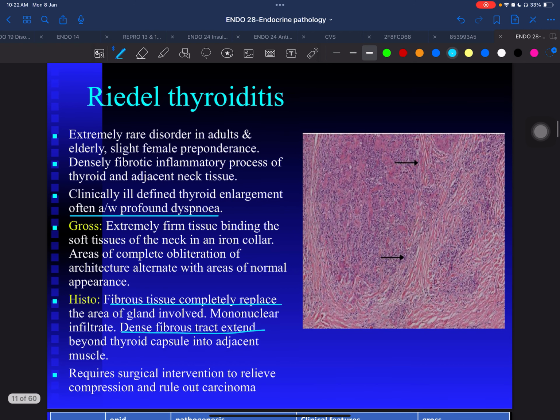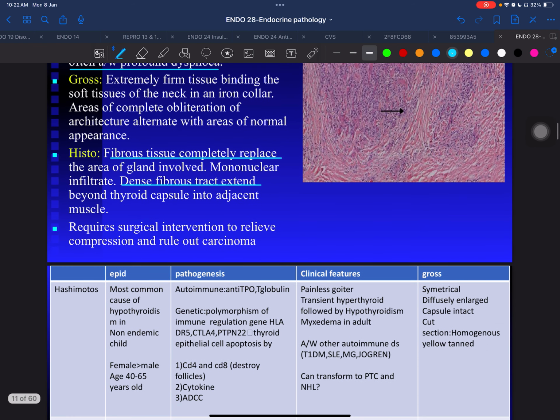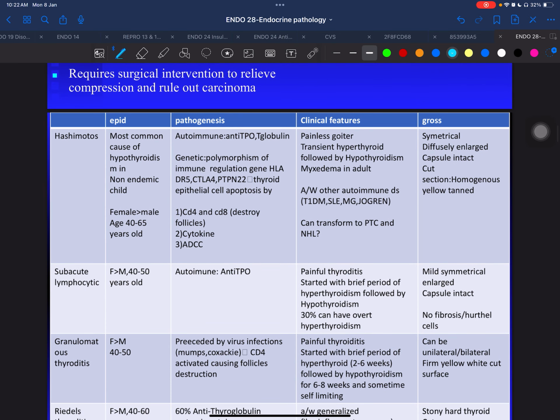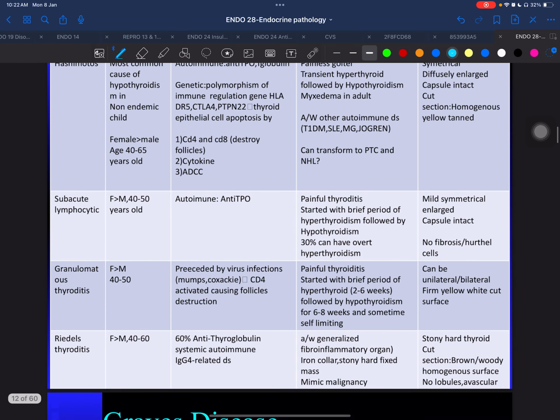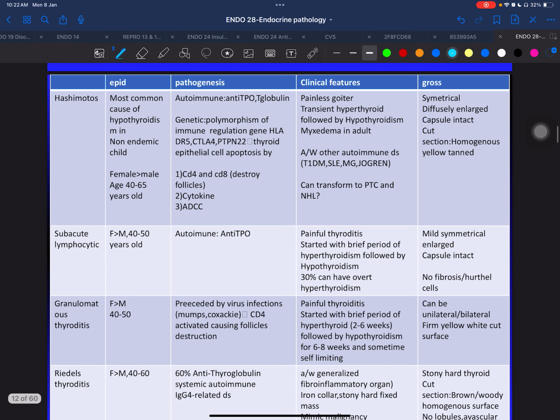Dia macam orang pakai collar, it's like an iron collar on the neck because of the complete obliteration of thyroid gland with replacement by fibrosis. The fibrous tissue completely replaces the area of gland involved, and there are also lymphocytes and histiocytes inside the thyroid tissue, and dense fibrosis tracts extend beyond the thyroid capsule into the adjacent muscle.